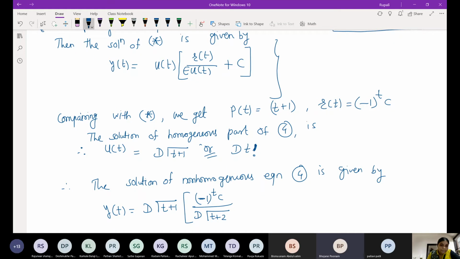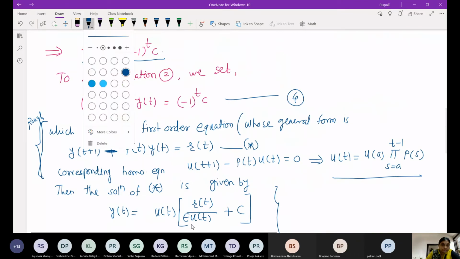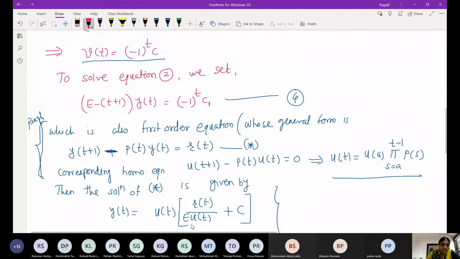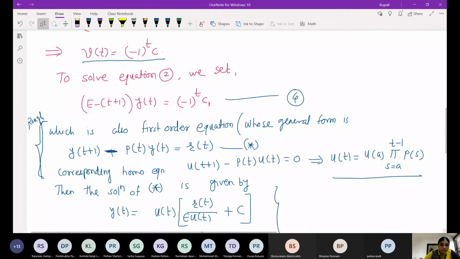Now, plus constant c, or now I will say here C1. Let me say here C1. So what will be here?